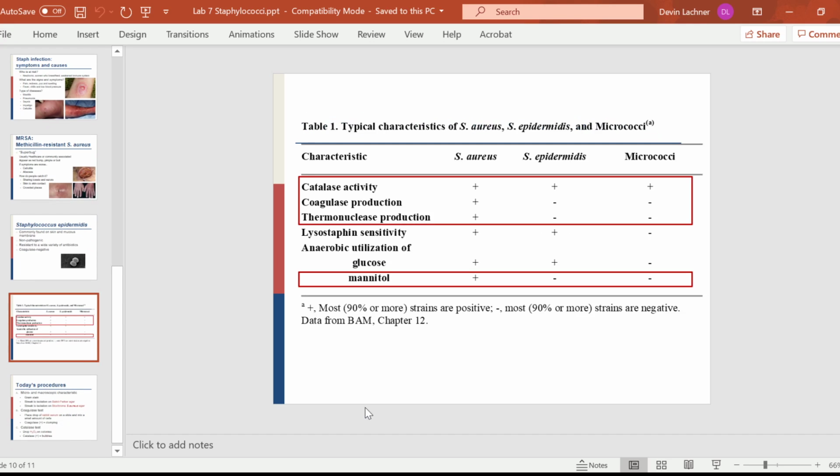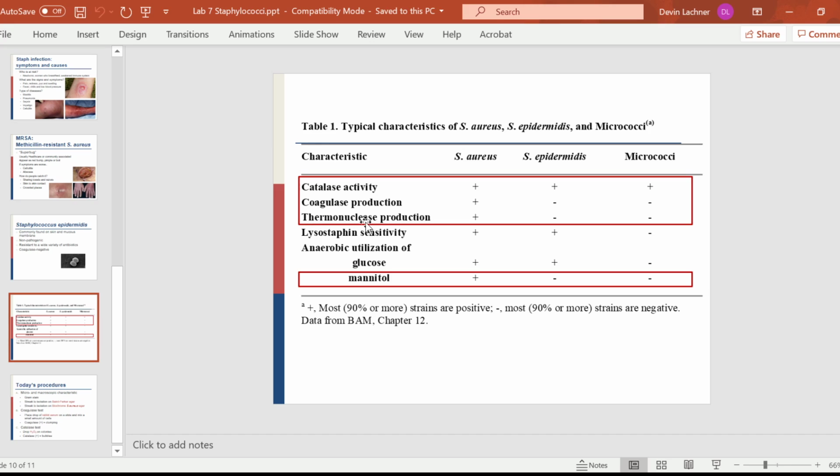Now, just like when we were differentiating between our pathogens and our non-pathogens among the coliforms, we also want to be able to differentiate between our Staphylococci species. So in order to differentiate between Staphylococcus aureus and Staphylococcus epidermidis, we can perform our coagulase test, because Staphylococcus epidermidis does not have any coagulase.